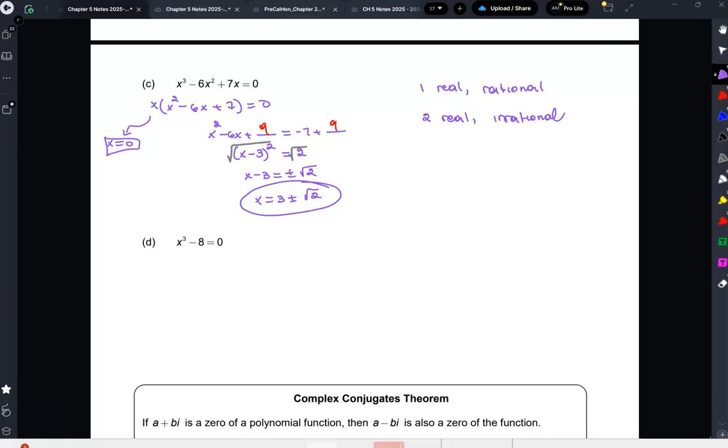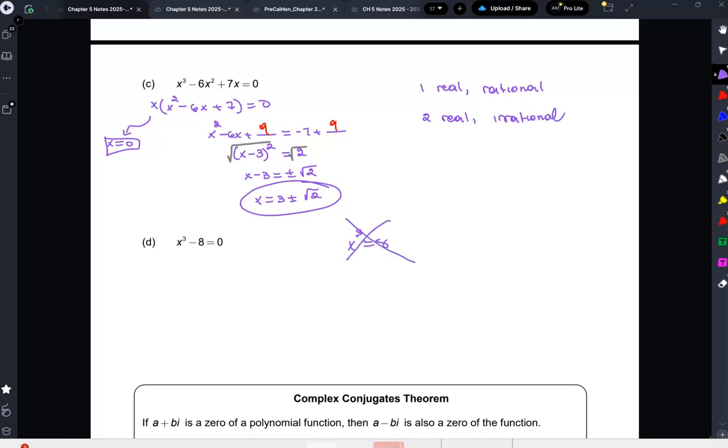Okay, what do we do for this one? Yeah, say it. The difference of cubes. That's exactly it. We're gonna factor it. We are not gonna say this.